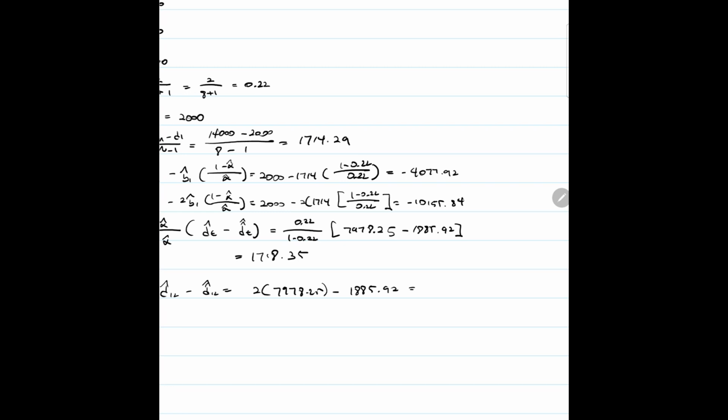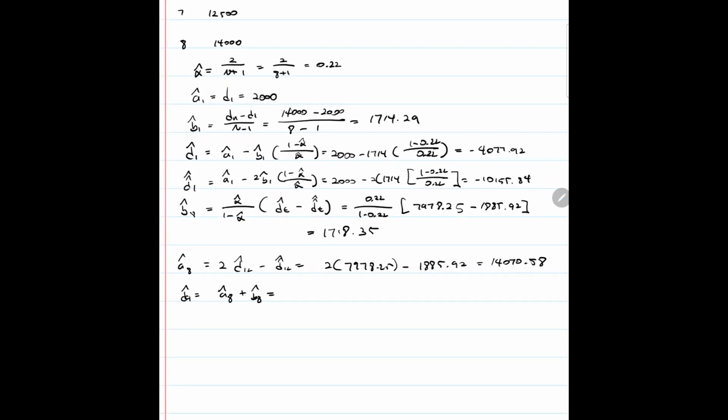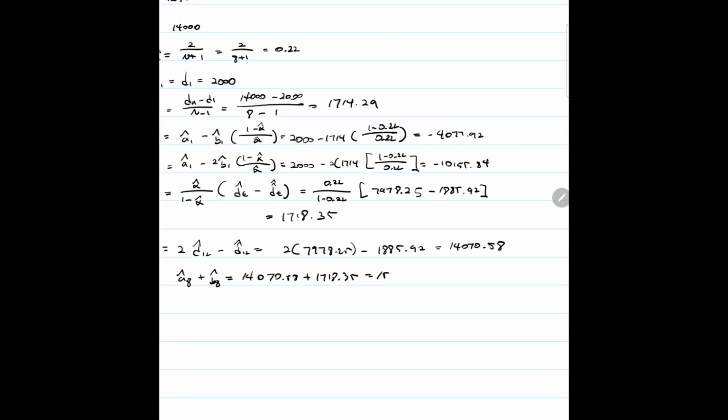And this one is A. Now the expected demand on period 9 will be just add up these two values that we just calculated, which is gonna be 93.